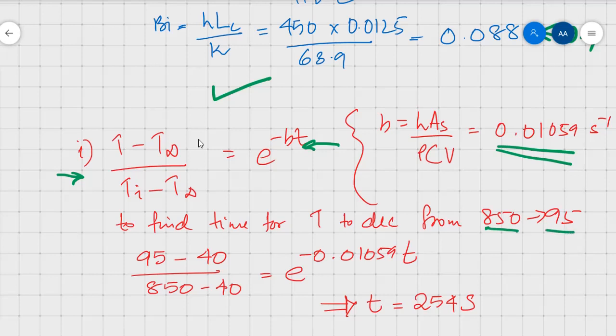To do that, the temperature at the end is T, so that is 95 degrees Celsius. T infinity is the temperature of the water bath, that is given as 40 degrees Celsius. T initial, the initial temperature when it is taken from the furnace, is 850 degrees Celsius. So again, substituting these values and taking log to find the value of t, you solve for t and get it to be equal to 254 seconds.